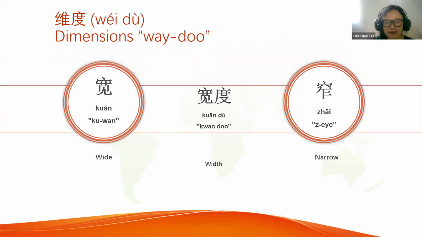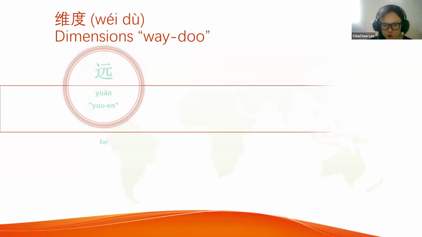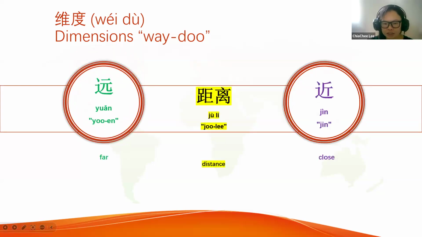And for this week, today's topic, we are checking on distance. So distance really is like EFG. Yes, my connection is a bit slow. 距离 is like EFG. What tone? 居.